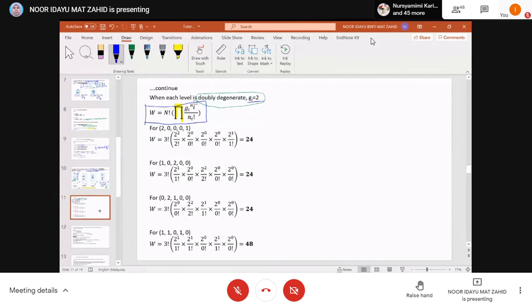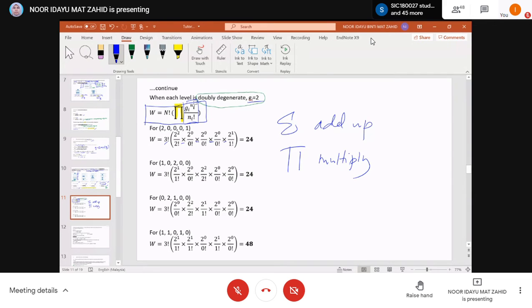For the 2, 0, 0, 0, 1 energy configuration, this is how you calculate W for doubly degenerate. N factorial, the total number of particles, is 3. This is a product, which means that you are going to multiply for each of these. This is not a summation, where you add up. A product means that you multiply.